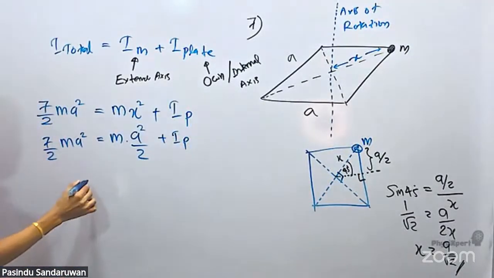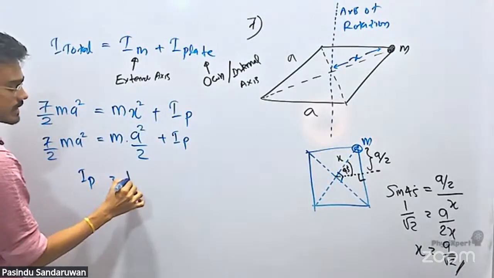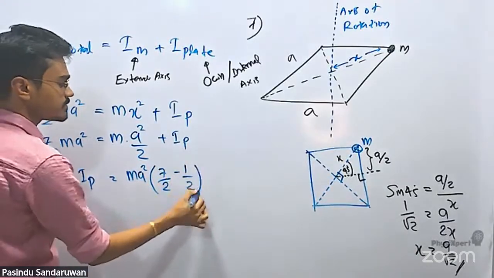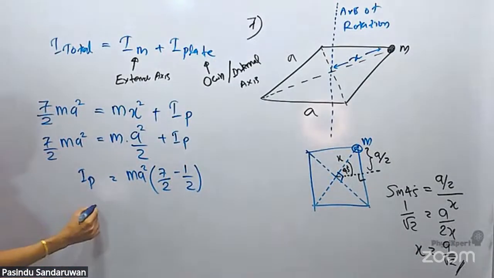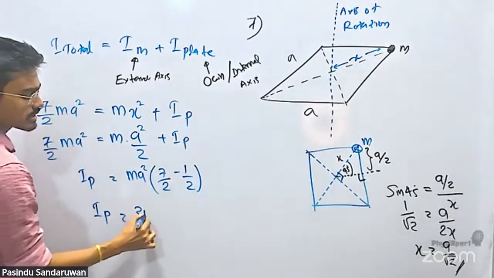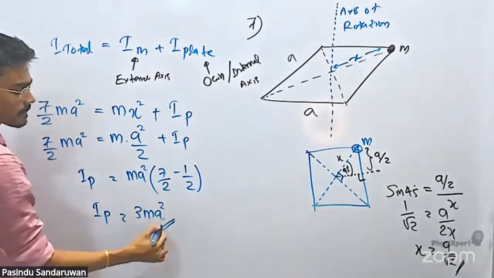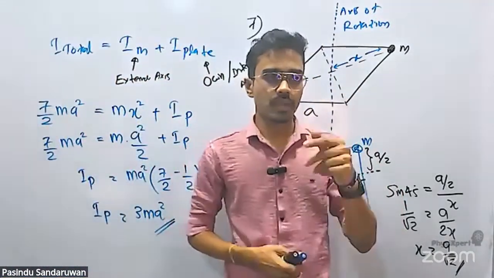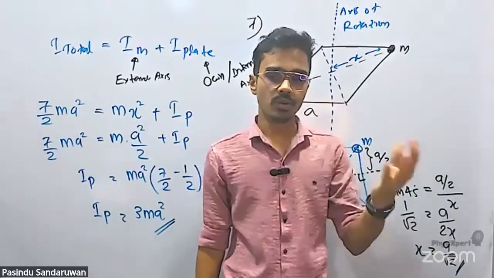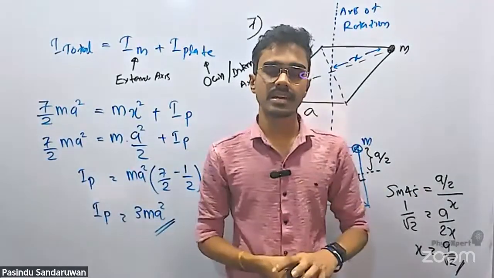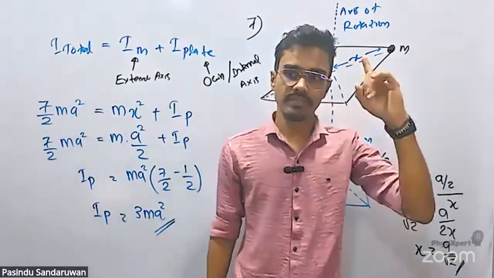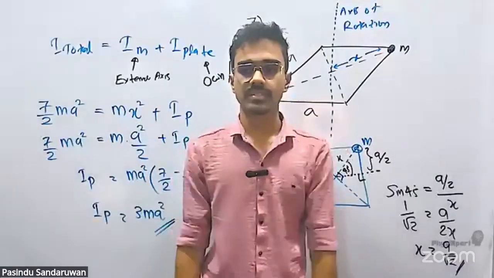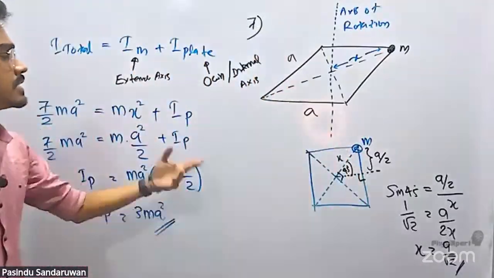Then Ip equals, taking ma squared out, 7 over 2 minus half, which is 3 ma squared. So likewise, you can find the moment of inertia of an unknown object using other known moments of inertia, using our definition, because the definition says the total is given by the sum of each. Same thing. Take it down.